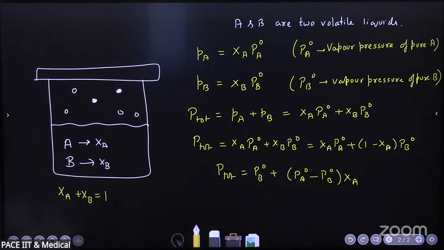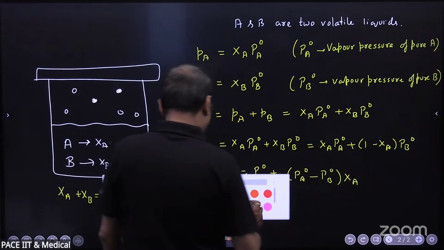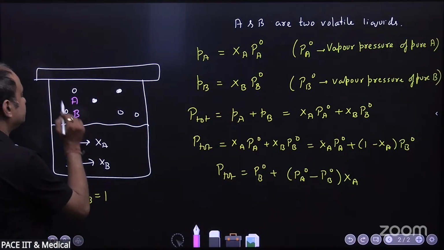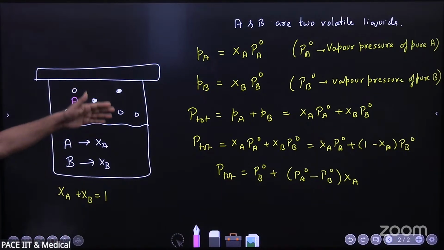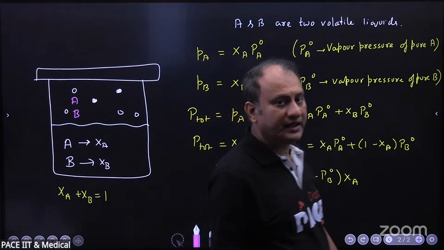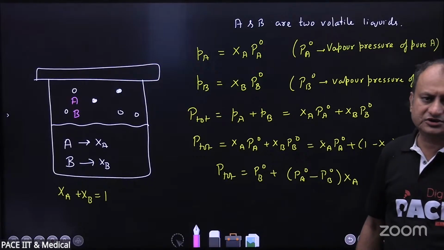Correct? And one more thing, we are saying in vapor form also both A and B are present. What will be mole fraction in this gaseous mixture? In vapor form, will the mole fraction of A and B be the same as that in liquid solution?